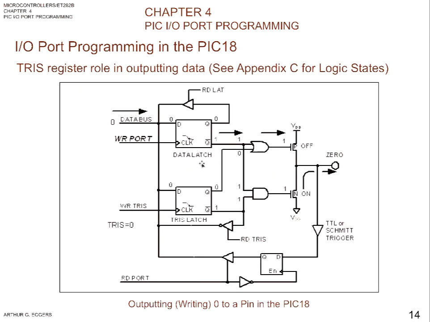You can see in the diagrams here, these are actually figures 4.3 and 4.4 in your textbook: outputting, writing a 0 to a pin on the PIC 18, and outputting, writing a 1 to a pin. So in the first case, we're writing a 0. If you go back and review your digital logic, you can see here we've got a data latch and a tri-state latch, and depending on the inputs, 0 at a port, 0 at a tri-state, we will end up over here getting a 0 at the output.